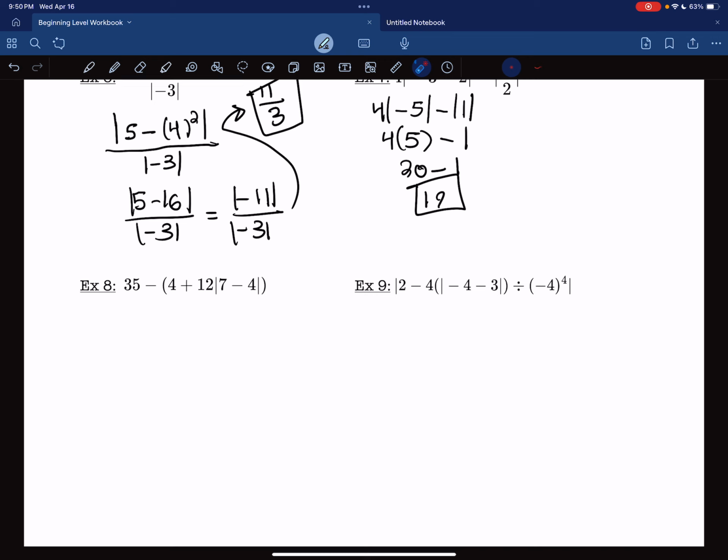But remember, as we've seen in the previous section, when we did order of operations, we dealt with some problems where we had parentheses within parentheses. Now, when this happens, remember we did the innermost parentheses first. So we're going to simplify this absolute value first, and then we're going to simplify the rest of the parentheses. So we're going to do 35 minus 4 plus 12, and 7 minus 4.